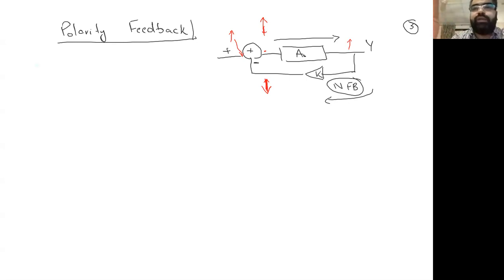But the procedure, let me write those points, which are again very much important for our identification. So assume, first of all, the input signal goes up or down. Something you have to take as a starting point. Either we will take up or down, and you want to follow its behavior.